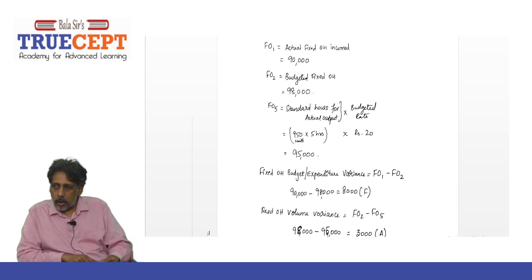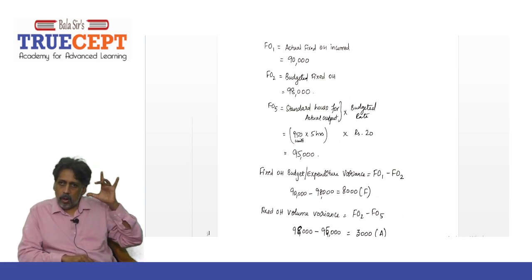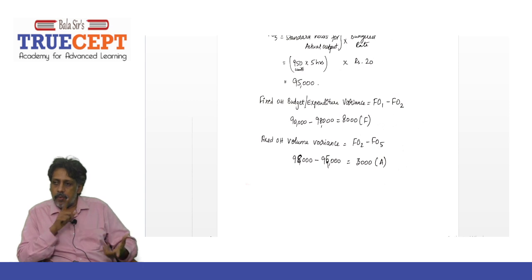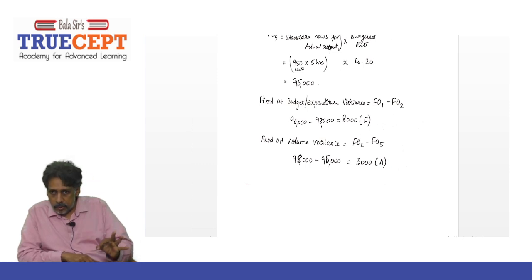Yes. Rupees 8,000 favorable. And then next, your volume variance is FO2 minus FO5, which is 98,000 rupees minus 95,000 rupees, rupees 3,000 adverse, right? Yes, sir.